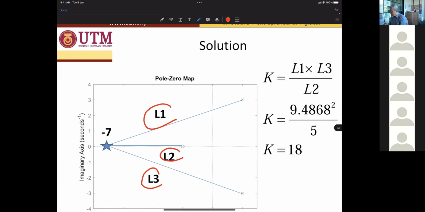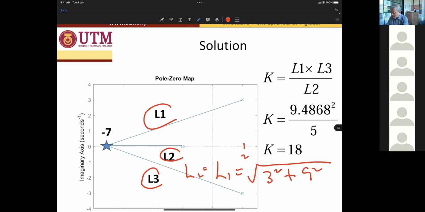How do you get L1? L1 is the square root of 3 squared plus 9 squared... this one is 2, 2 plus 7, 9 squared. L2 is also the same.